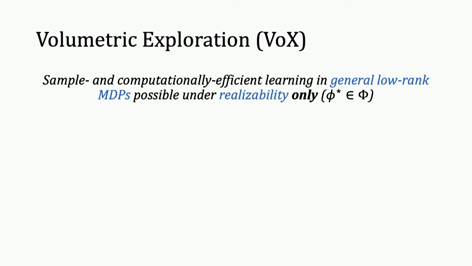So to us, it was surprising that even though linearity is not sufficient to learn efficiently in these models, there are some modifications of these assumptions. For instance, knowing these features and assuming realizability and assuming the linearity of the transition kernel, which is sufficient to learn efficiently.